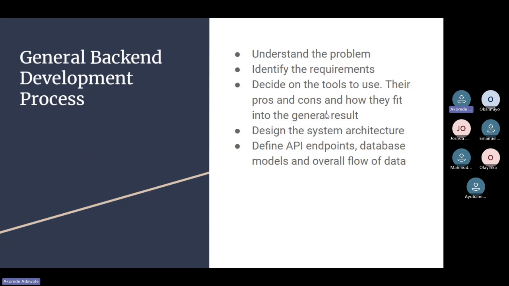The first thing is to understand the problem. When you are working on the back end, you need to understand the problem that the business is trying to solve. Let's say we have a football platform. The service is new. It wants to serve as a wager platform.